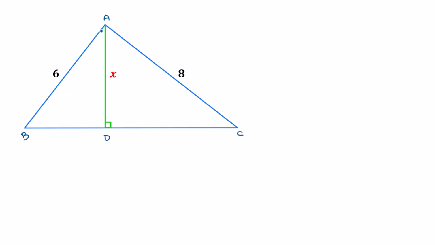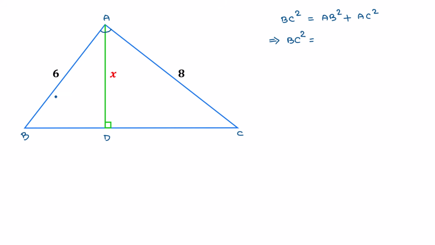As this angle is 90 degrees, applying the Pythagorean theorem in triangle ABC, we will get BC square is equal to AB square plus AC square, where BC is the hypotenuse, AB is the base, and AC is the height.